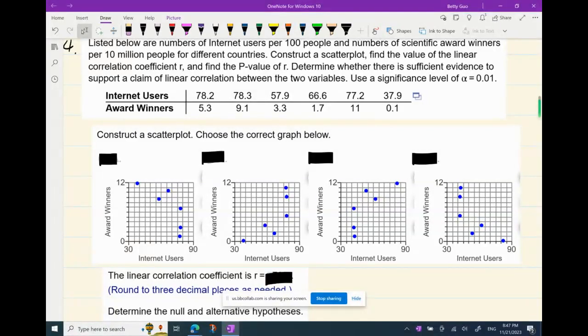Oh, suddenly I have an 11. I can see that's an outlier. 11, 0.1.